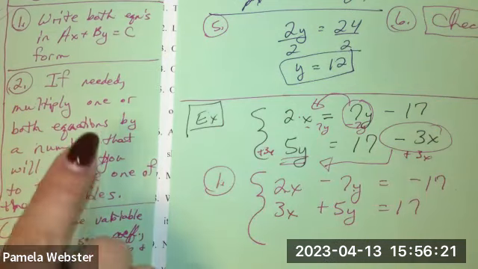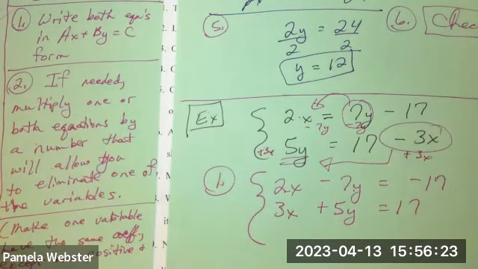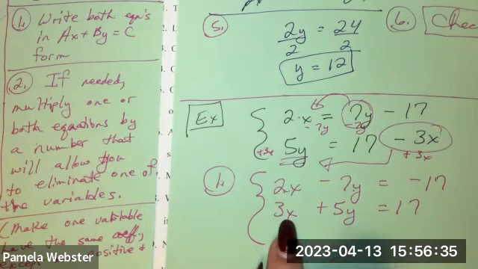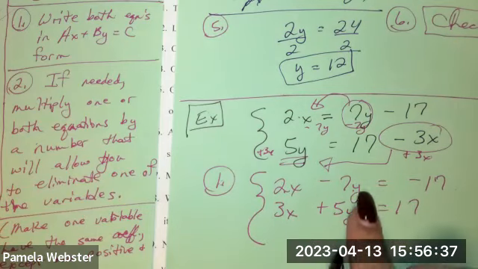All right. If needed, multiply one or both equations by a number that will allow you to eliminate one of the variables. Okay, I can do that. When I look at this, these are positives, but this guy here, one's a positive, one's a negative.